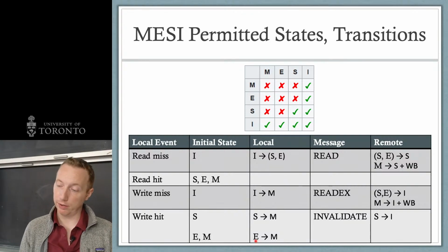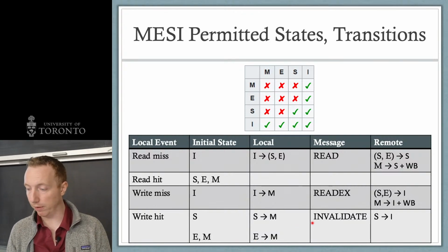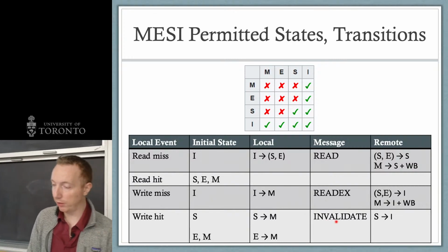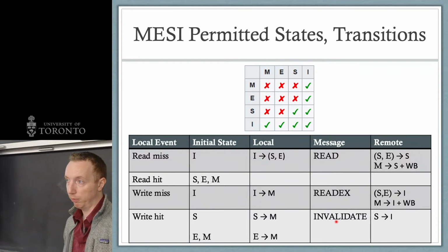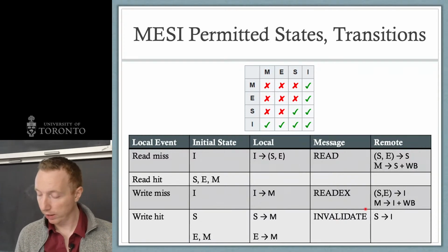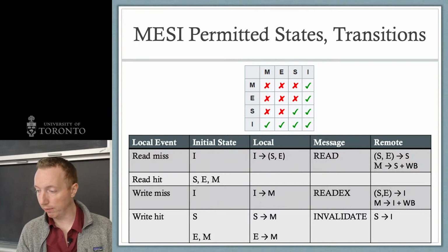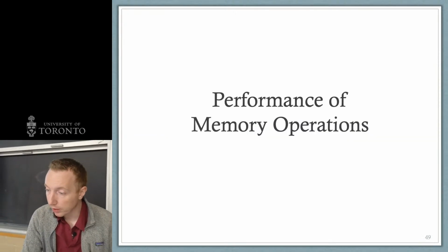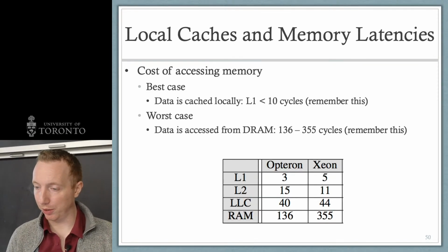And exclusive would transition to modified because now you have modified that value. The message it sends to all the other cores is just invalidate. So if it was open for sharing before, it is now invalid because only one core has the most up-to-date value now.